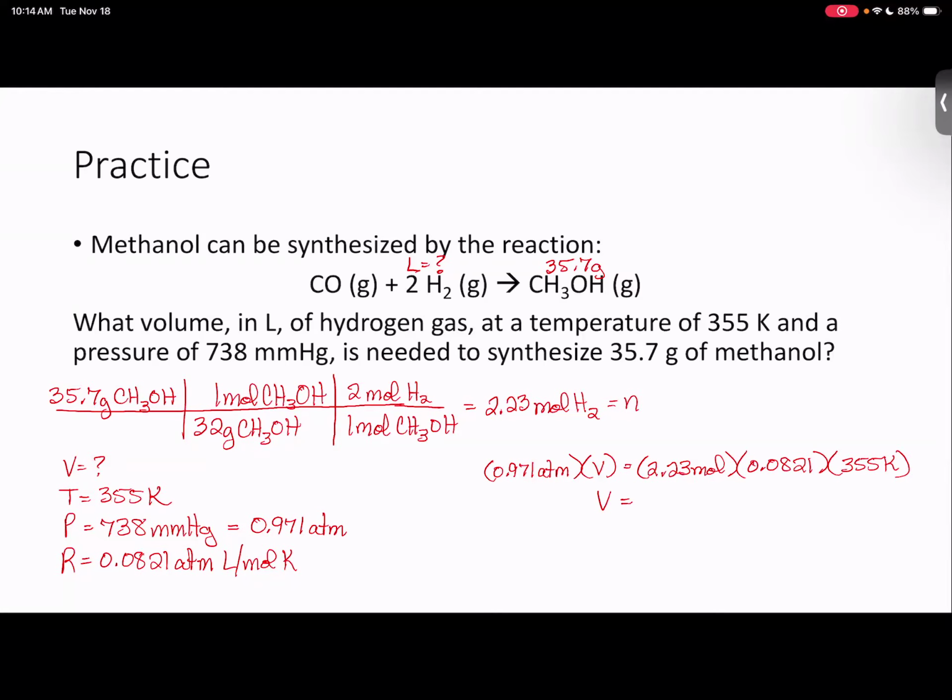Solving for this equation, you get a volume of 66.9 liters.